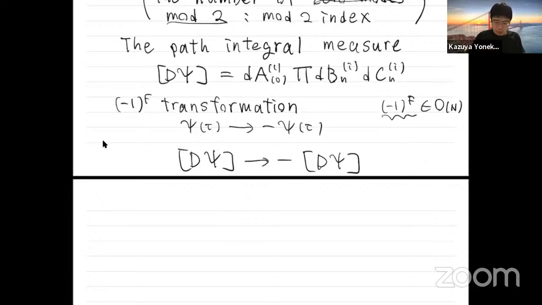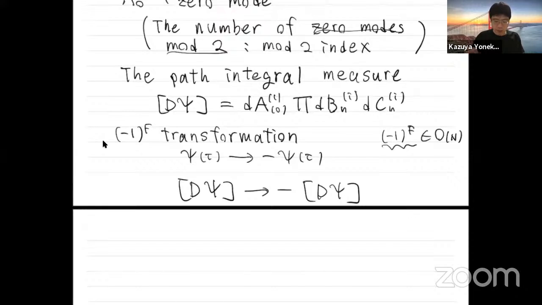And in Fujikawa's approach, the violation of actual symmetry by anomaly is described by something similar to this one. And in the case of actual anomaly, the violation which comes here is described by the Atiyah-Singer index.